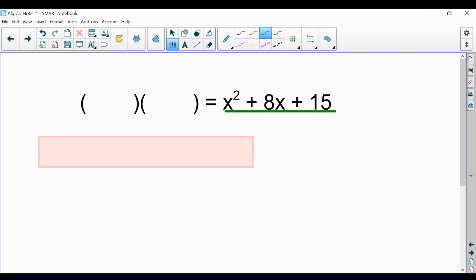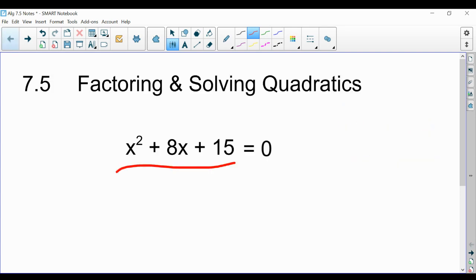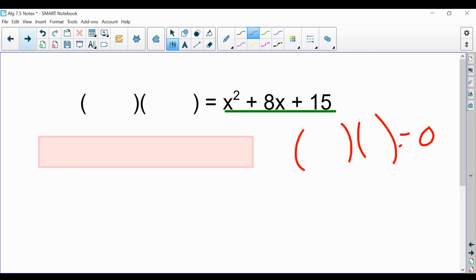So what I want to try to do is find two binomials that multiply together to get x squared plus 8x plus 15, because then I would have two things that multiply together to get 0. Remember, in the previous problem, we said that it's equal to 0. So if I can somehow turn this trinomial into the product of two binomials, then I can multiply them together, set them equal to 0, and then use the zero product property.